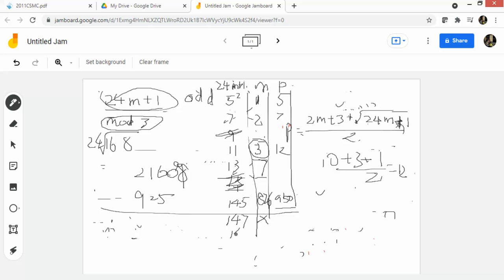So 149 times 149 is 22201. So minus 1, 22200, and divide by 24 it'd be 925. So this one is 925, and then we have this one, right? M is 925, so we have 2 times 925 plus 3.